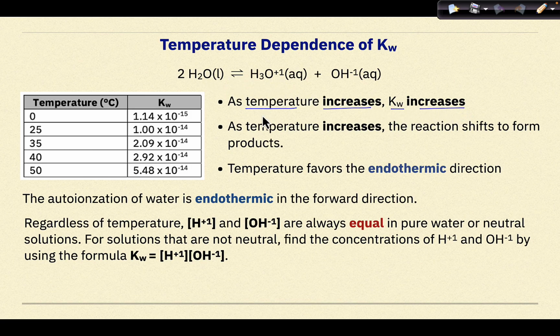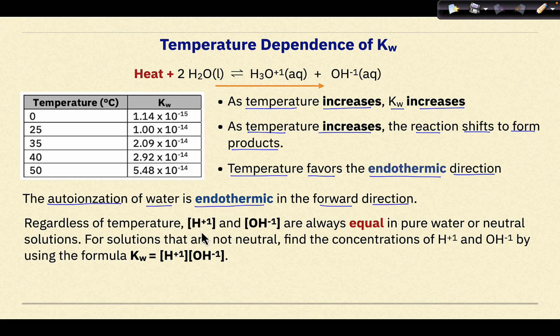In this equation, we can represent temperature over on the reactant side. So as temperature increases, the reaction shifts to form products. So temperature favors the endothermic direction. The auto-ionization of water is endothermic in the forward direction.